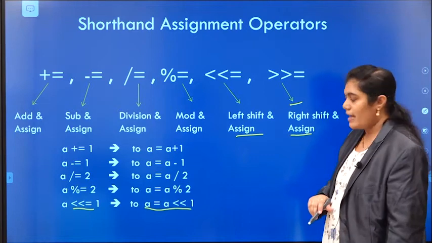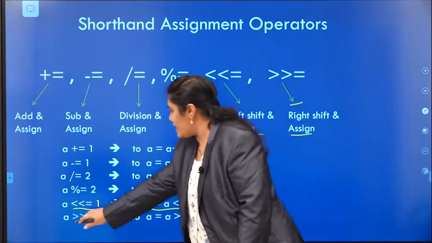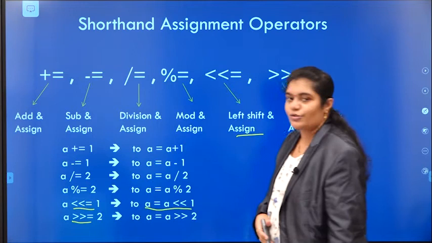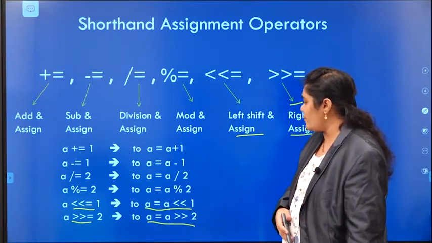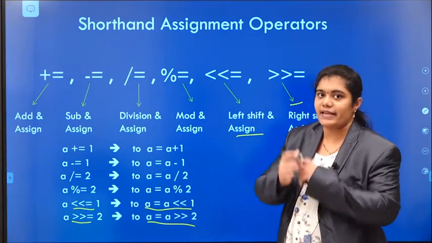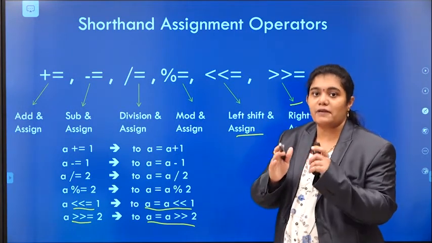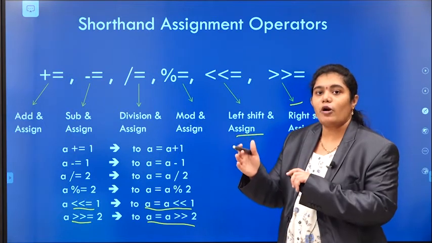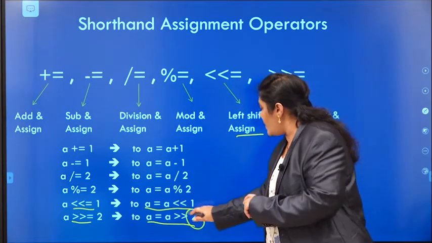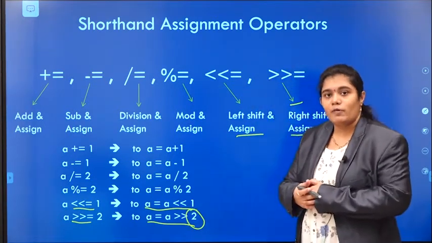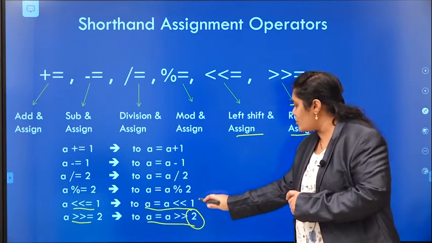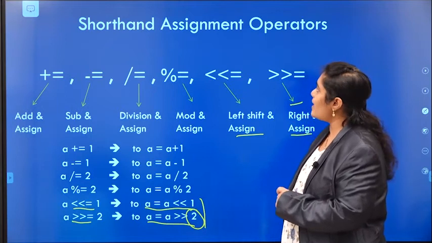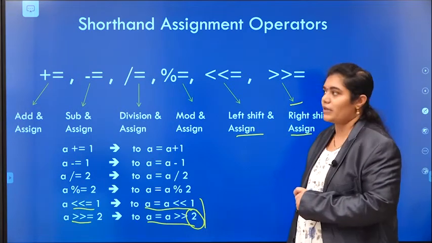A right shift equals to 2 is equivalent to A equals to A right shift of 2. That means first you have to convert A's value into bits and perform a 2-position right shift towards the right. So these are shift operations. These are the shorthand assignment operators.